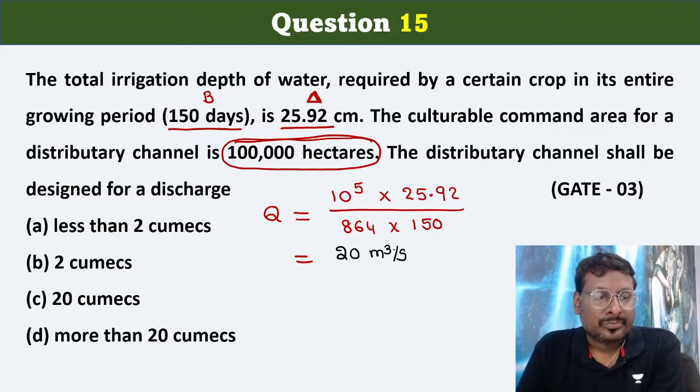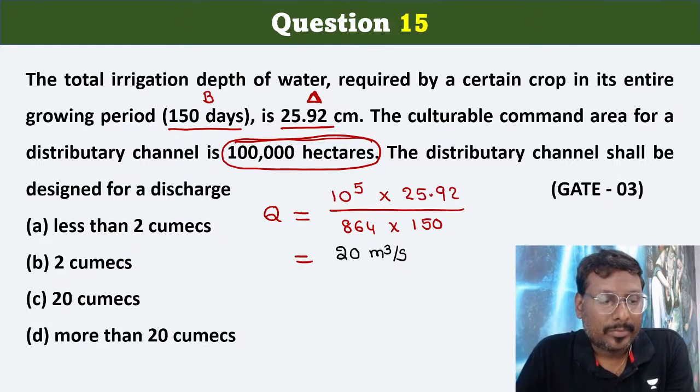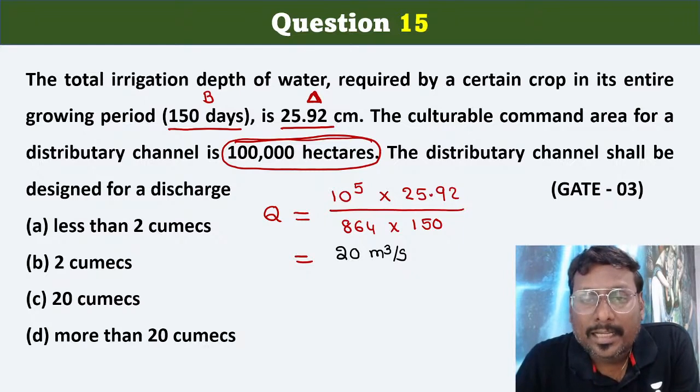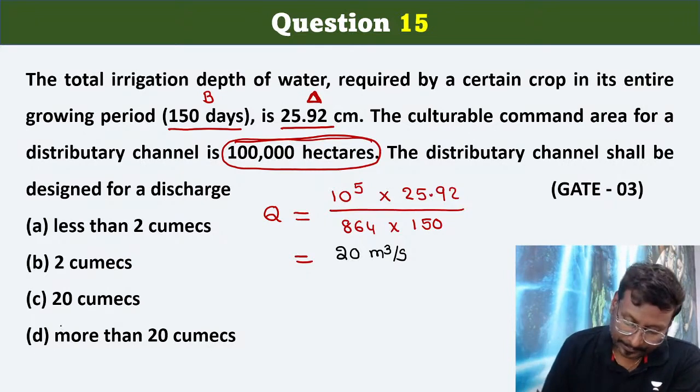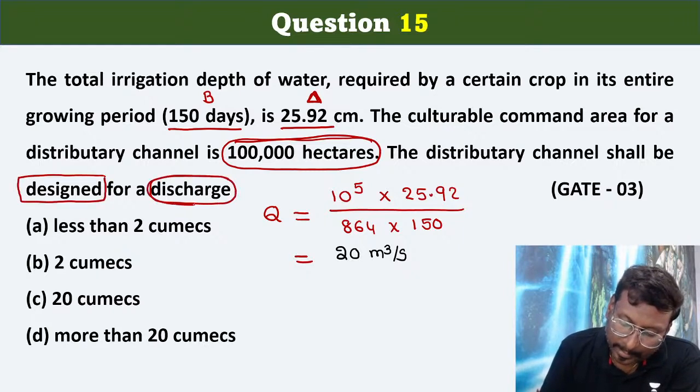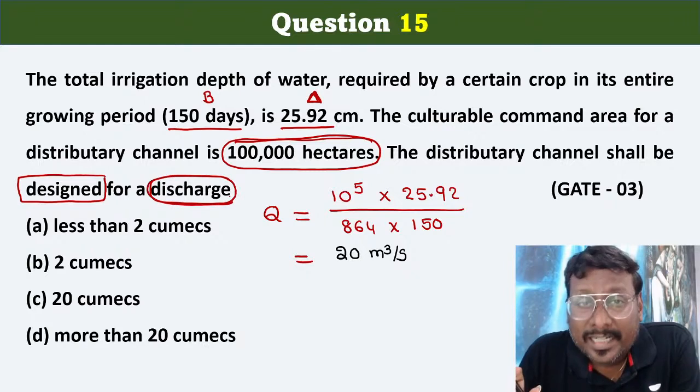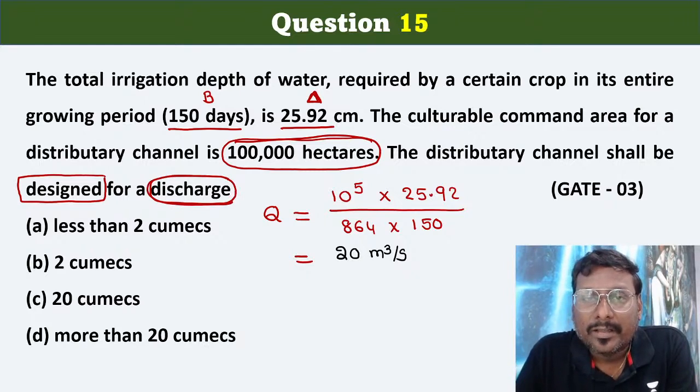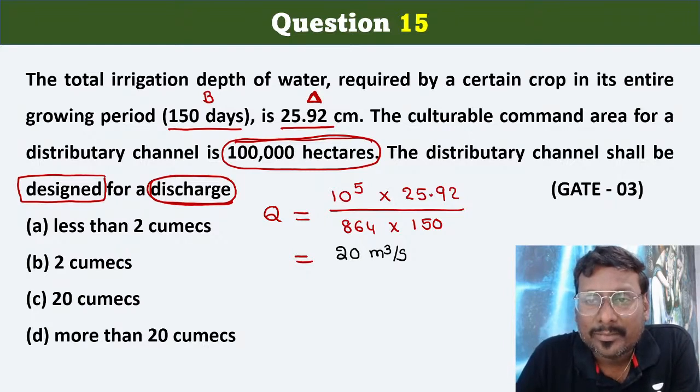Deep Jyoti, Tasneem, Kapil, as per calculation, it is 20 only. If you design for 20, can the canal deliver 20? Will it deliver exactly 20? Less than 20 it will deliver.